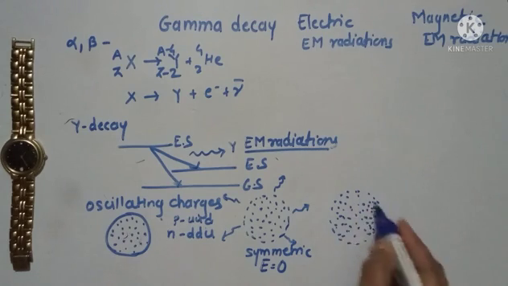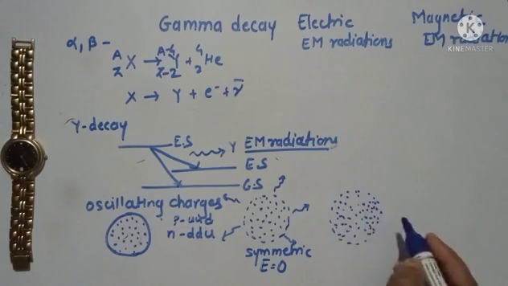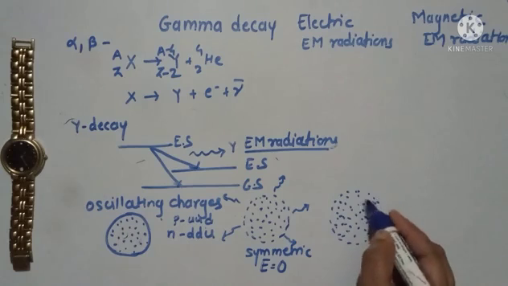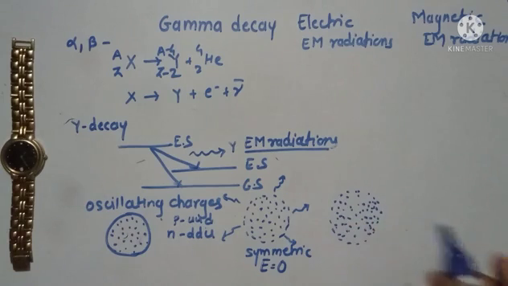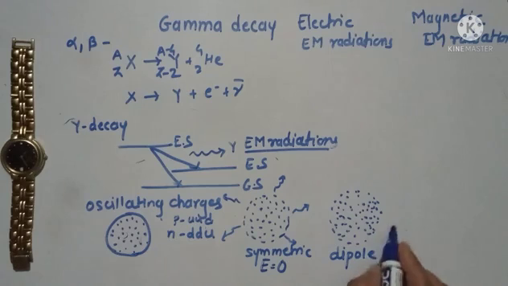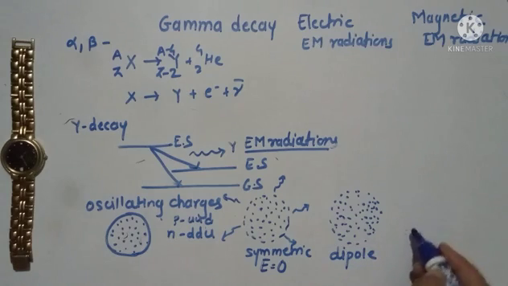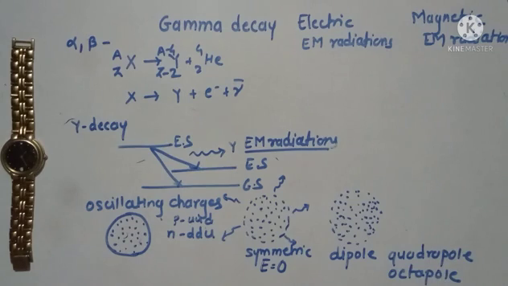Such a nucleus can have a potential with a dipole moment, or there could be a nucleus having a quadrupole charge distribution or an octupole charge distribution.